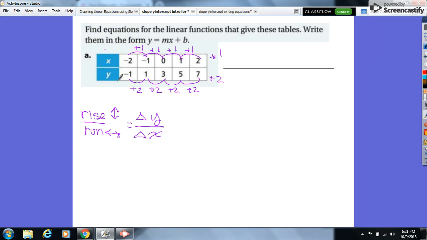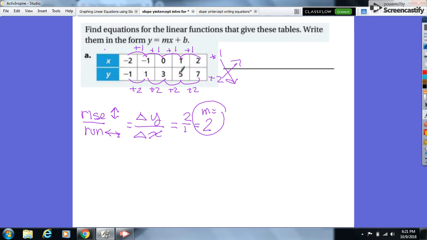Because my table has x then y, I need to take these numbers and flip them. So I actually end up with a slope that is 2 over 1. And if you remember correctly, we have to simplify or reduce that, which becomes 2. So my m in my equation is going to be 2.